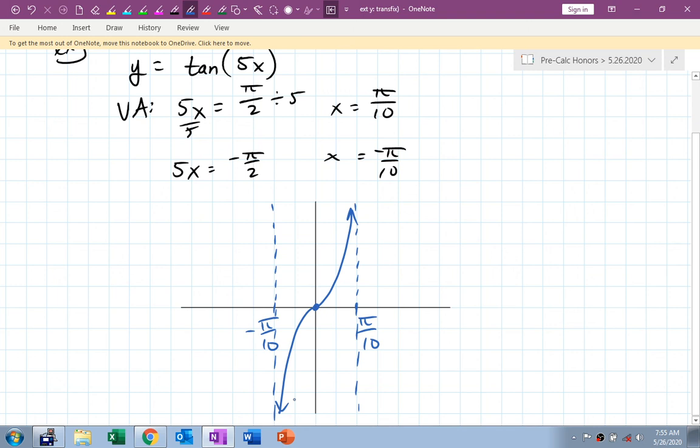If I put a negative sign in front of tangent, your graph would just go the other way. We could do those again, but there's no real need to. Could you plug these into your calculator? Totally. The key is just to find the asymptotes and then get that point in the middle. There's really not much else to those.